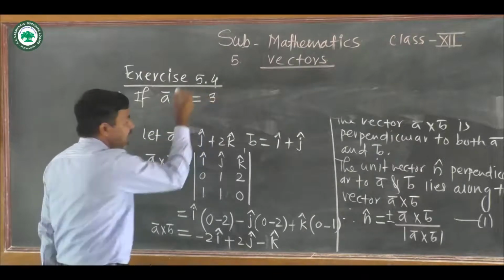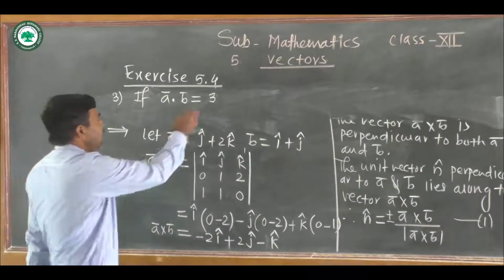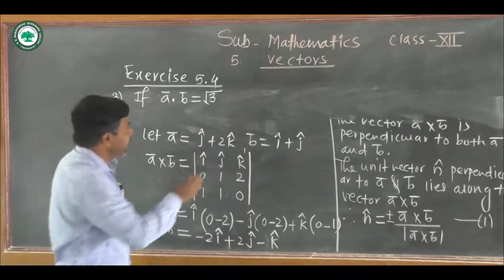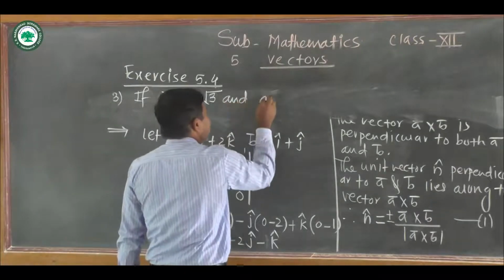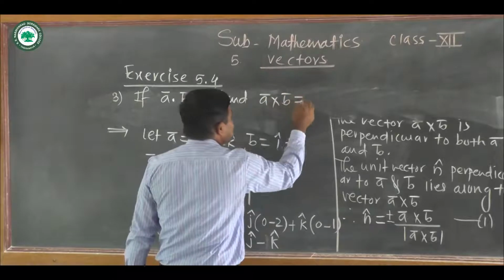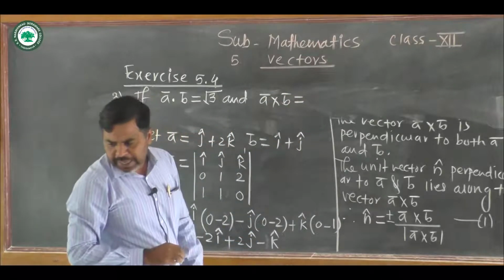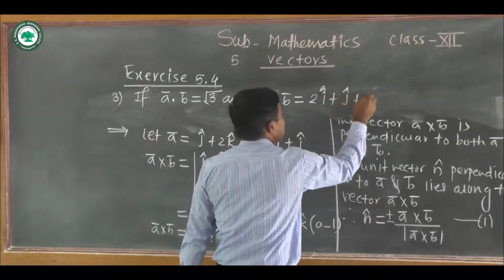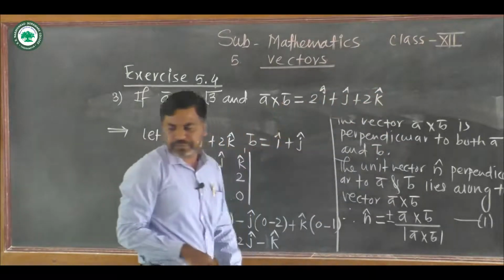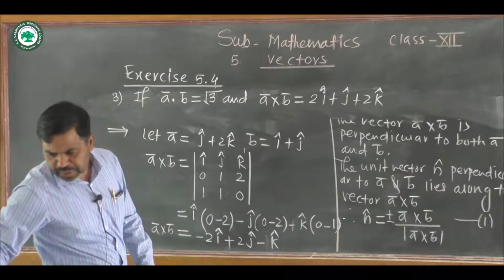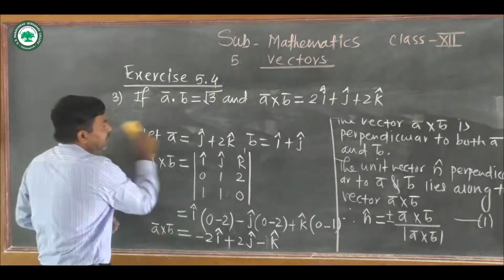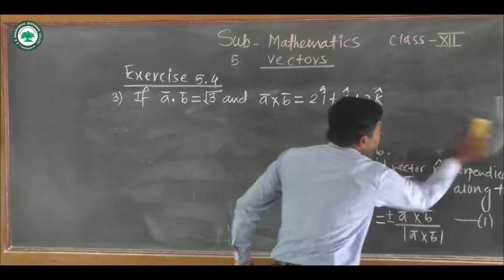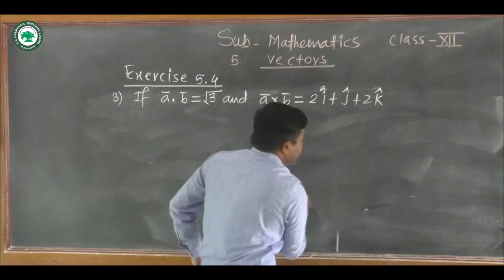A bar dot B bar is equal to root 3, and A bar cross B bar is also given, and A bar cross B bar is equal to 2i cap plus j cap plus 2k cap. Find the angle between A bar and B bar.